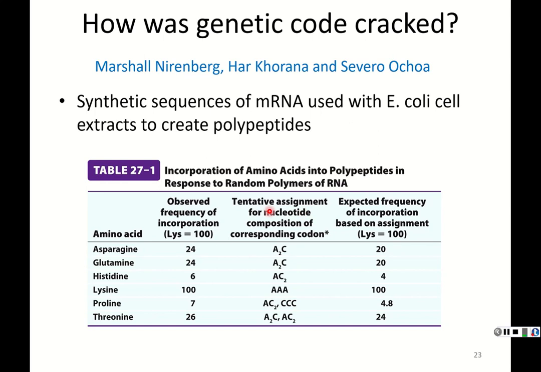And then they tentatively assigned nucleotide composition for the corresponding codon. They were able to piece together approximately what the codons looked like. They knew that lysine, because it gave a frequency of 100, and the same frequency in their messenger RNA for AAA, they could assign lysine to that sequence.